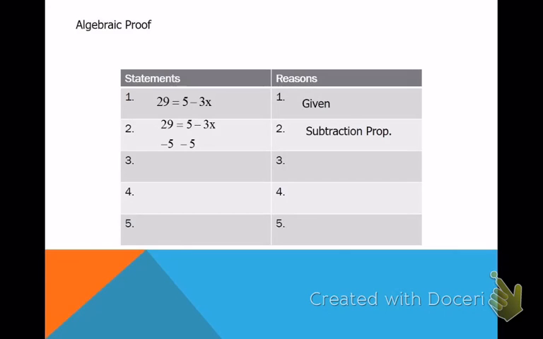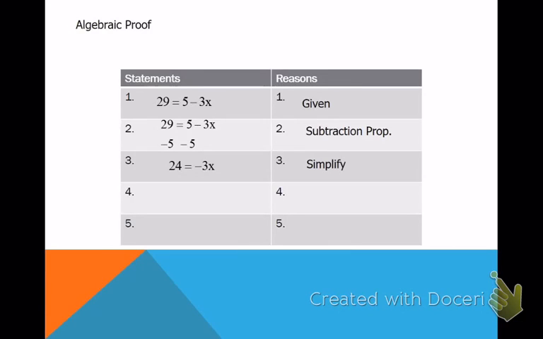Then what happens? Well, we're going to actually subtract. So we get 24 equals negative 3x. And the reason why we did that is that we're just simplifying.